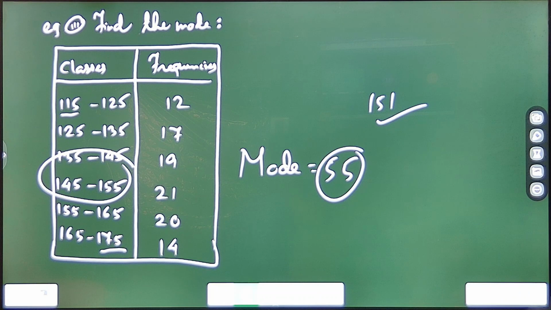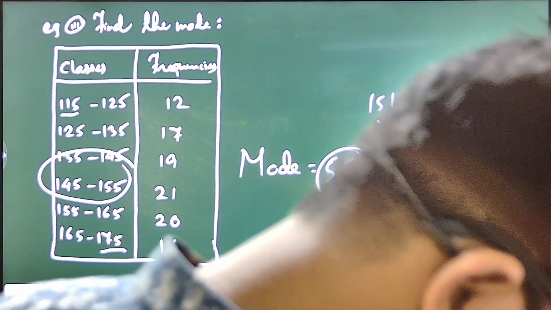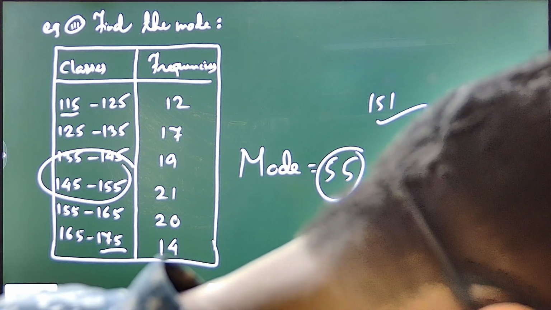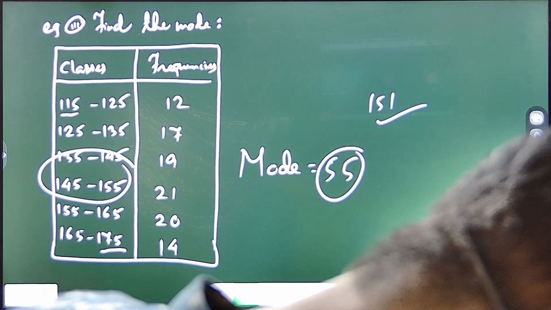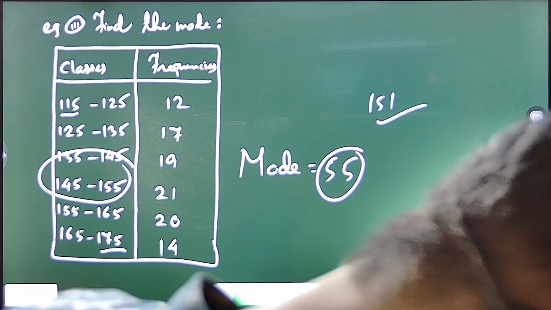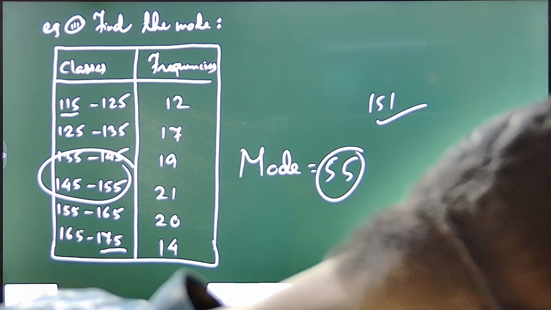You also got 145 here, no? This portion is wrong. So it is 145 plus 20 by 3. Use the calculator. It will be 6 point something. No, it will not be 6.5.